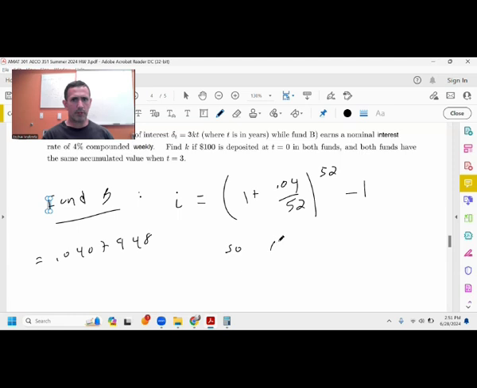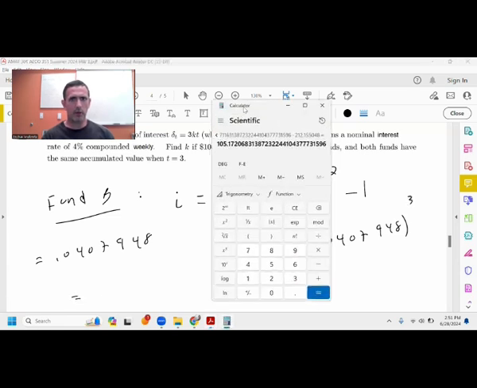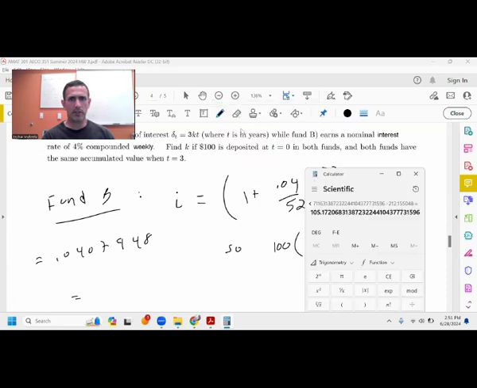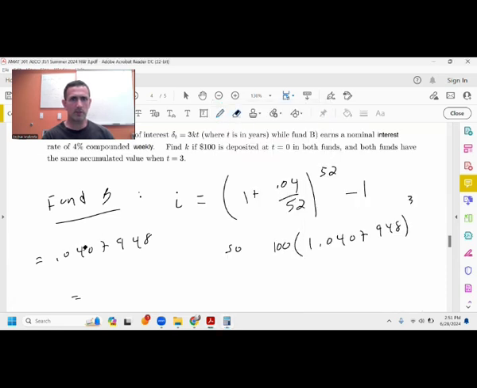So after 3 years, the accumulated value is 1.04079 to the 156. And I don't care how you round, actually, just be consistent. I'll just chop these off. Would be curious to see how much off I am.